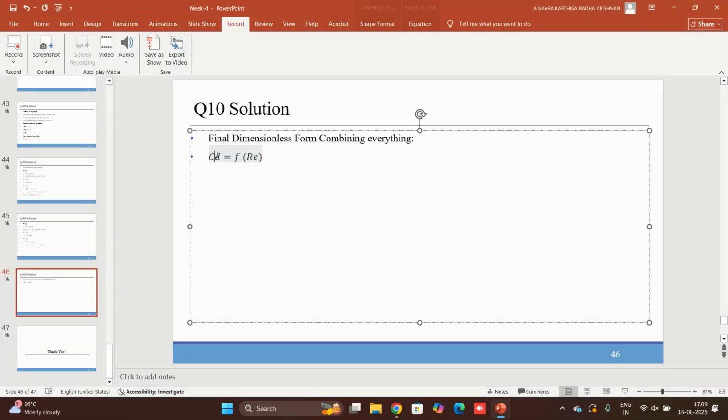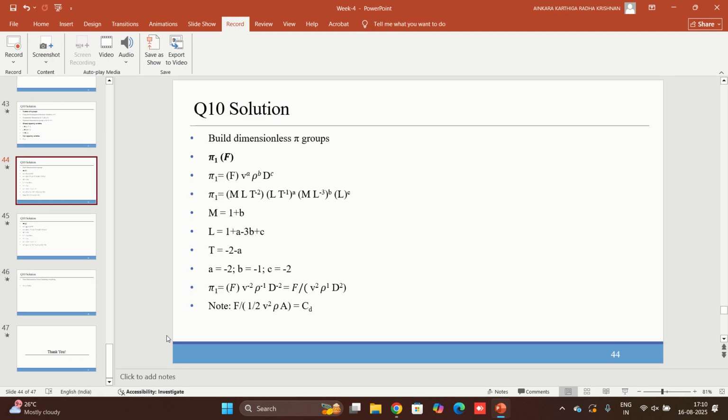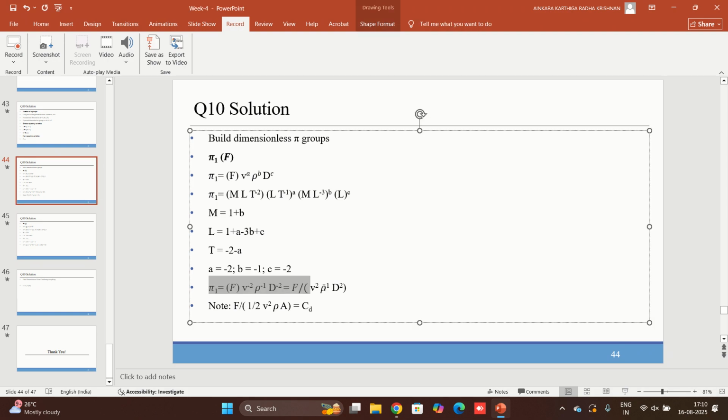I'll show you how actually. We wrote it directly, but basically what happens is that pi 1 is a function of pi 2.